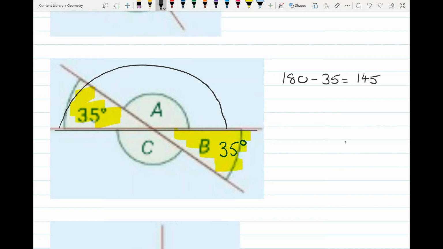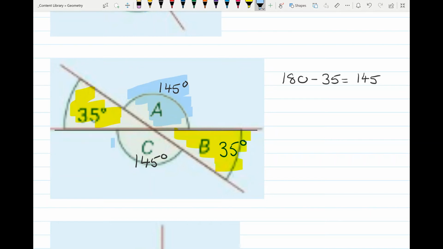So A must be 145 degrees. If A is 145 degrees, C is also going to be 145 degrees because they are vertically opposite. And you can even write that in. If you were writing down your angles, you could say C equals 145 because it is vertically opposite.